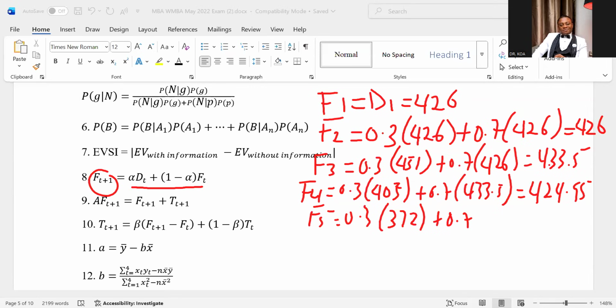Then you multiply that by what we just had, 424.95. And then you get your value for the forecast for period 5. Okay, what do you get?